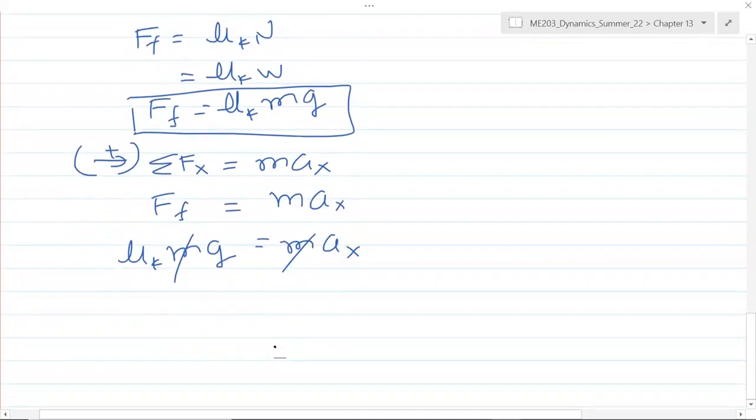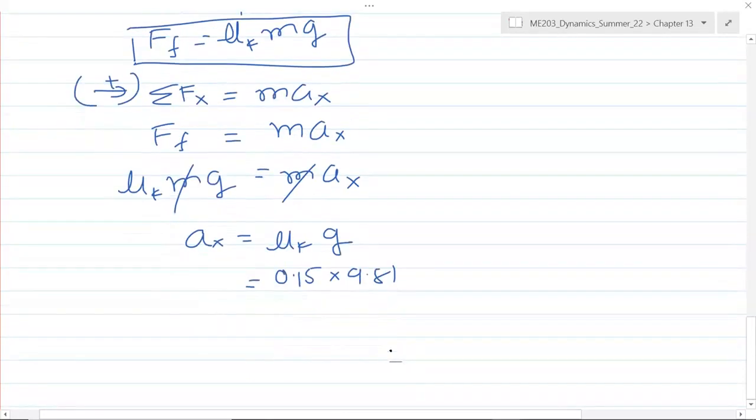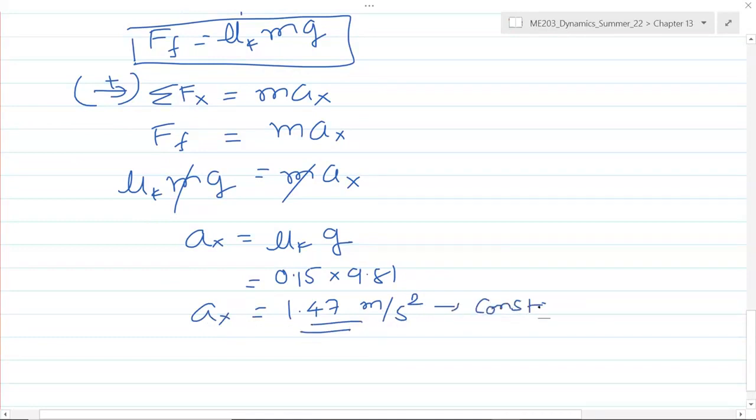Dividing by m on both sides, the m cancels. So we get ax equal to mu k times g. Mu k is 0.15 and g is 9.81, the gravitational acceleration. So we get 1.47 meters per second squared. This acceleration is not a function of time or position, so we can say that it is constant.